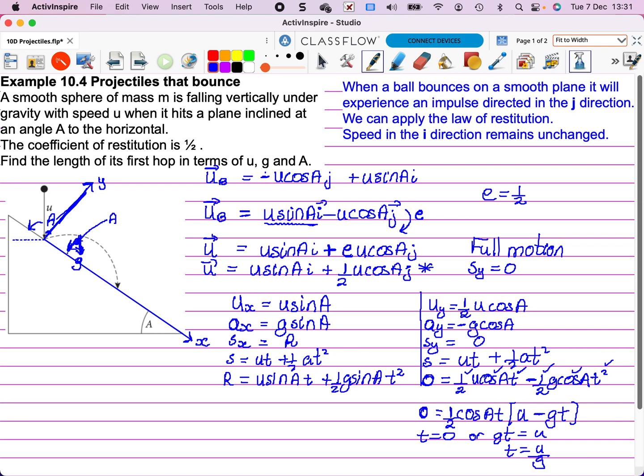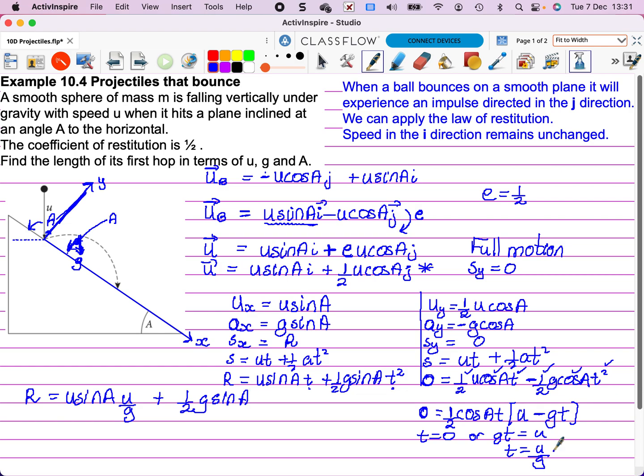We can now substitute this value, u over g, into the formula for range. So we have u sine A, and the value of t is u over g, so we can put that in, plus 1/2 g sine A times t squared.